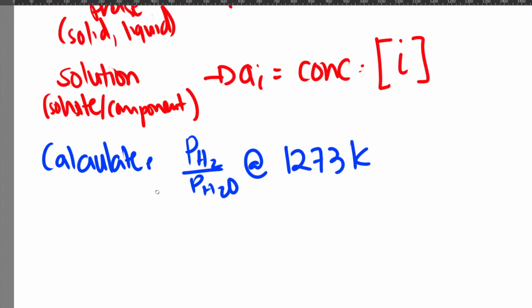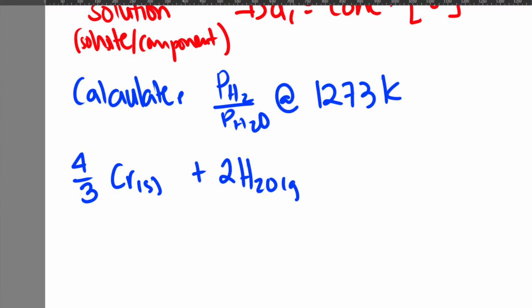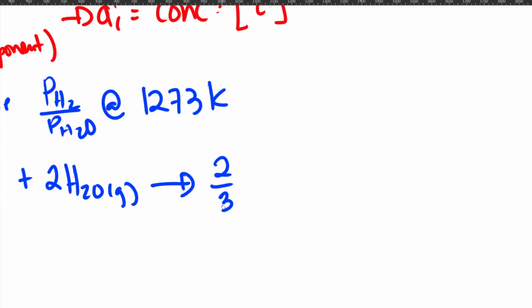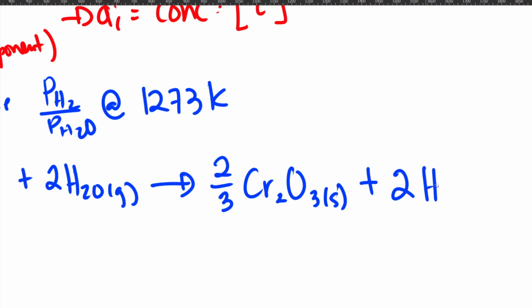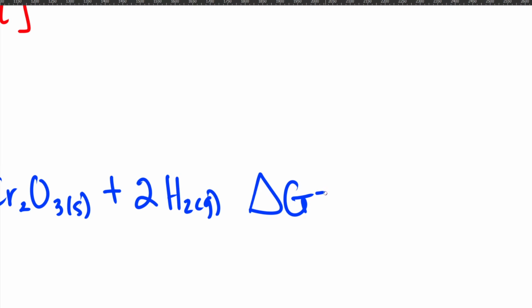So the reaction is as follows. 4/3 Cr solid plus 2H2O gas. So yan yung reactant side. To form 2/3 Cr2O3 solid, this is the oxide, plus yung residual na gas natin, 2H2 gas. And the delta G of this one is equal to negative 41,000 calories.